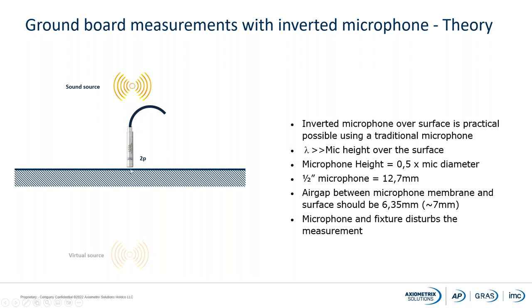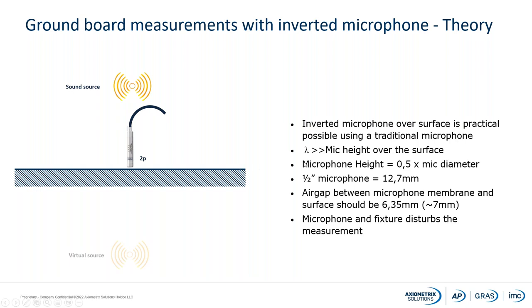Because the sound pressure in this point is equal regardless of what direction the microphone is pointing. So they said, okay, let's try to put it on top instead and see whether we can adjust the air gap so it is measuring exactly the same as it was a flush installation from the backside.